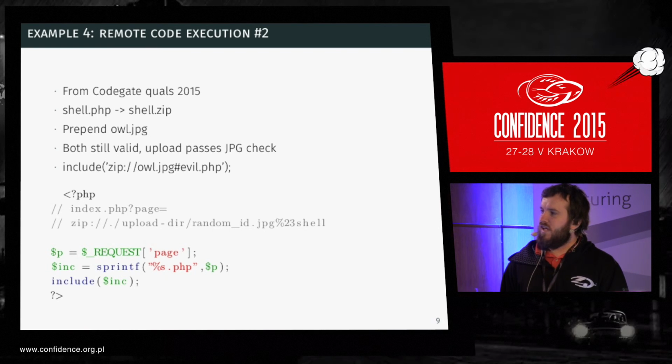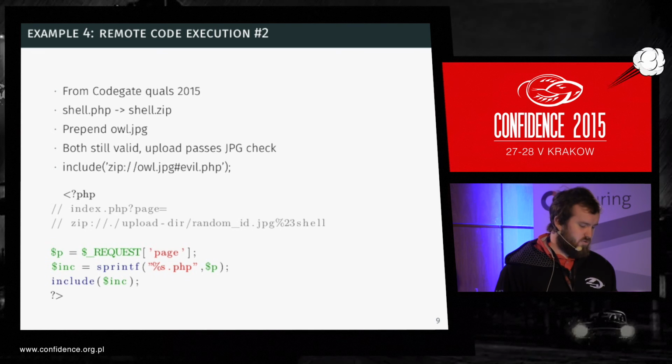So this says, take this zip archive, randomid.jpg, and inside that zip archive, give me shell, and they added on the .php here. So include the PHP code in this zip archive and execute it. So there we had remote code execution, and then we could get the flag and solve the challenge.